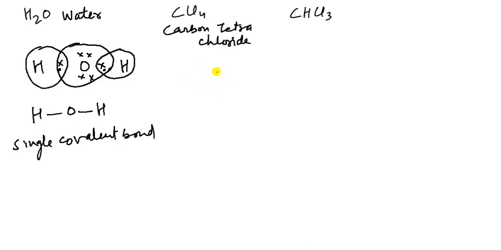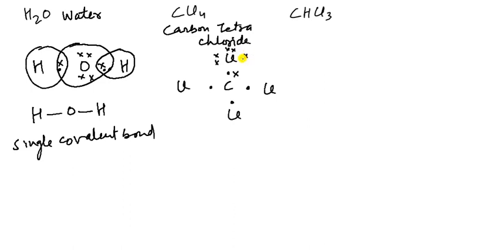Now come to carbon tetrachloride. The name is carbon tetrachloride. So what will happen in this? One carbon and the Cl is 4. This one is this and this.